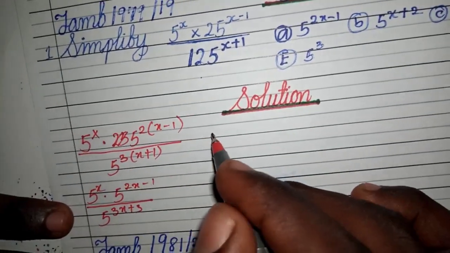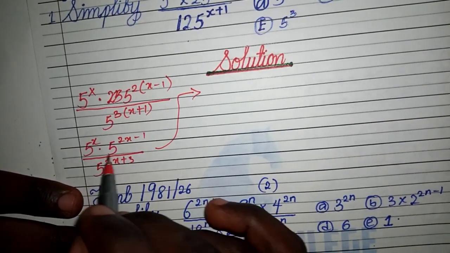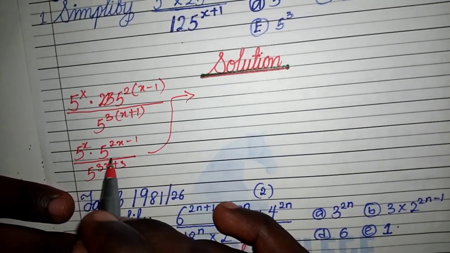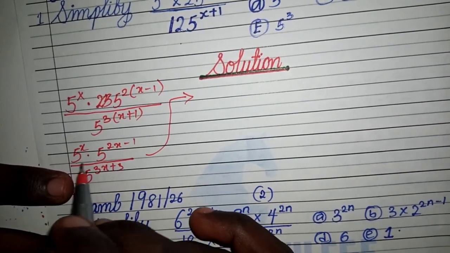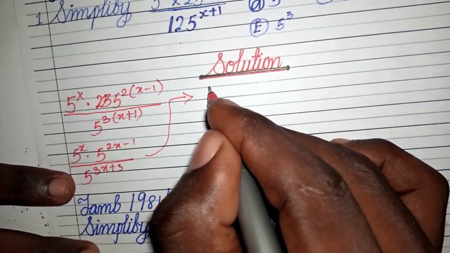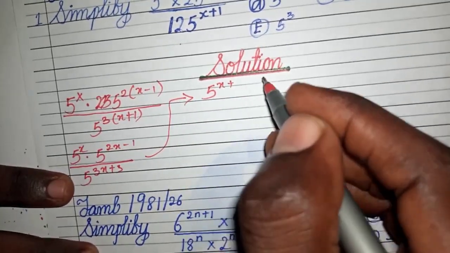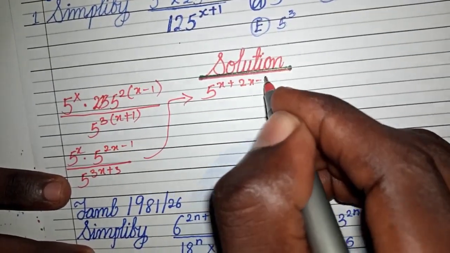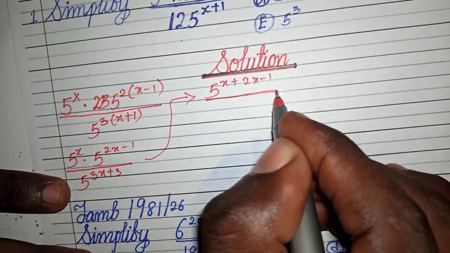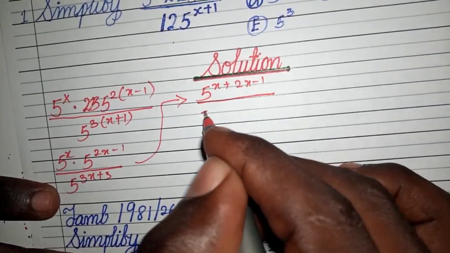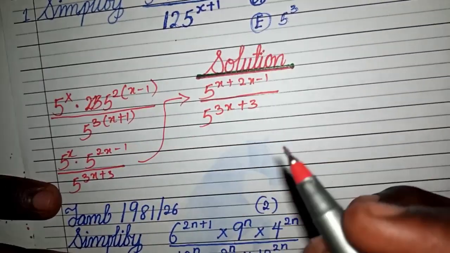Then I can apply the first law to this, since they are products and they have the same base. So I'll pick one of the bases, 5 to the power of x, and add the powers, 2x minus 1, divided by 5 to the power of 3x plus 3.